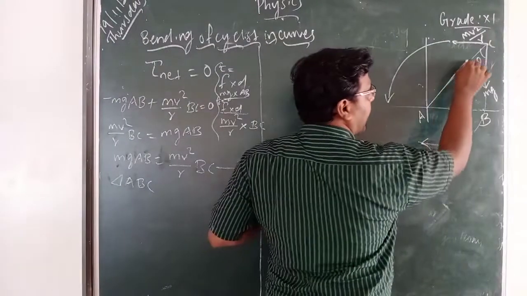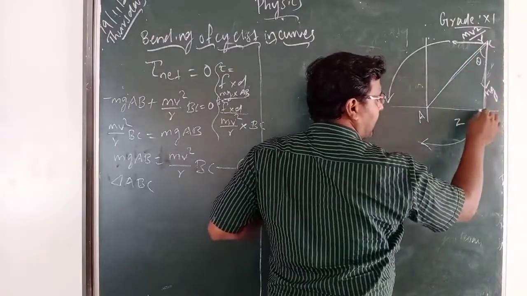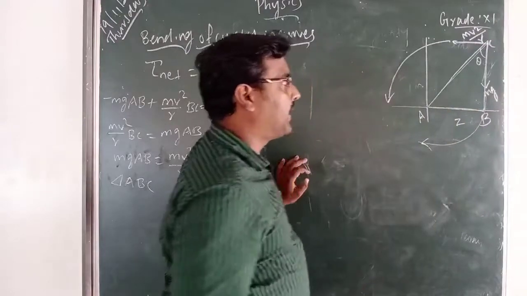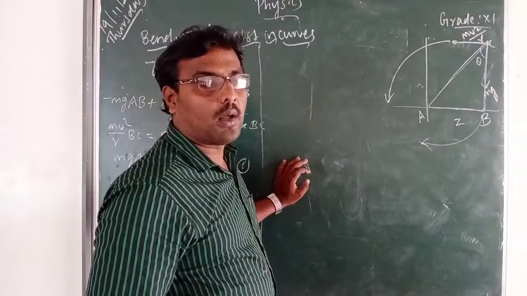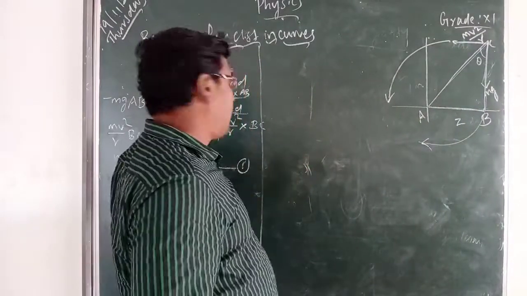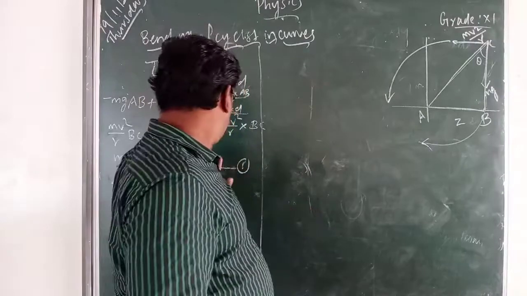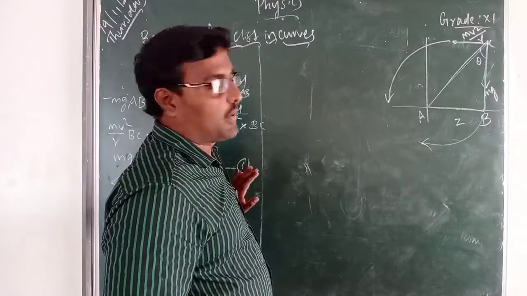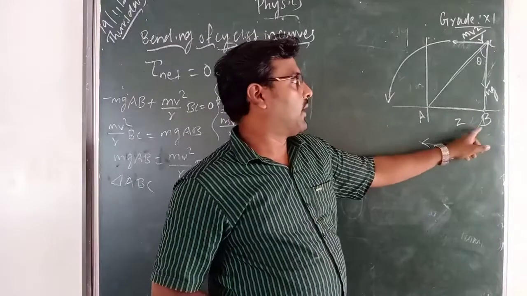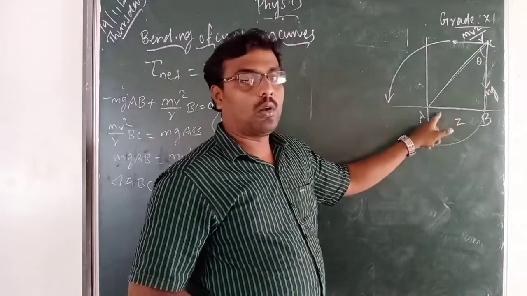From this triangle ABC, you have to find out the value for AB and BC. First, AB: you can find it using theta.